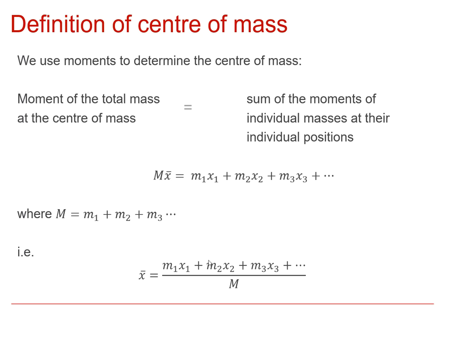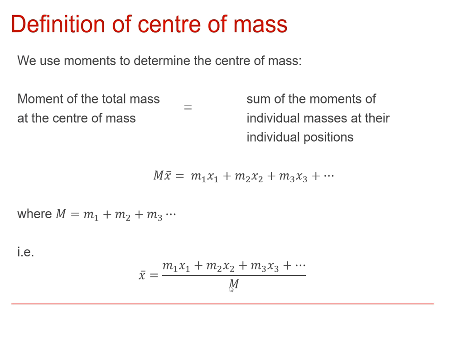So in this case we're talking about a mass times a position, and what we find is that the moment of the total mass of the object, so we'll write that as big M, multiplied by the position of the centre of mass, is equal to the sum of the moments of all the individual masses that make up the object.